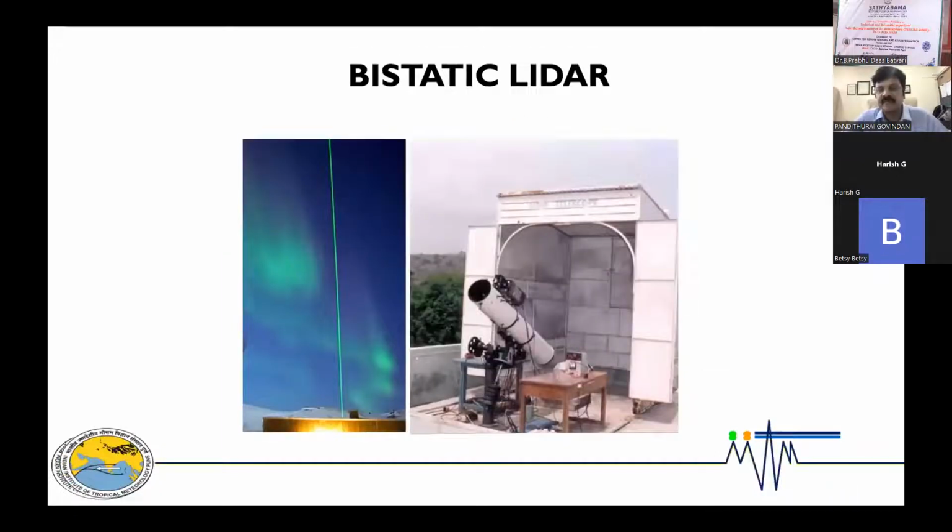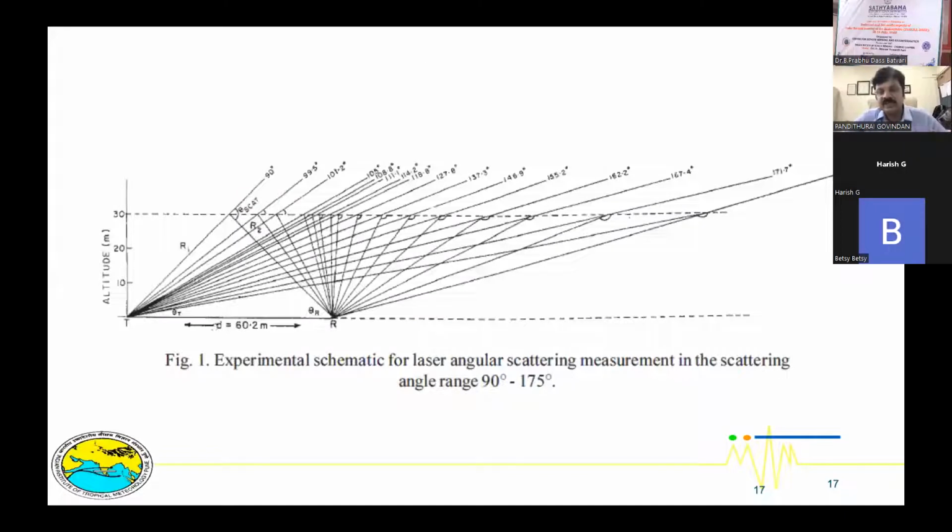You can see here, it's a Newtonian type telescope with a photomultiplier tube in the eyepiece to receive the backscatter radiation.